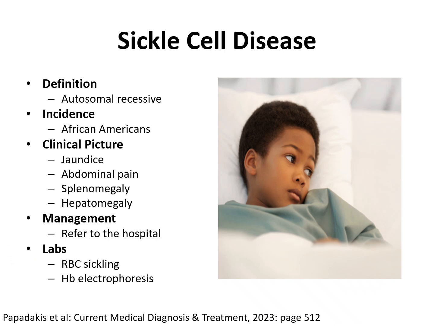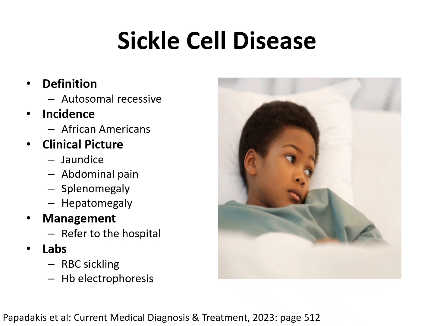The hospital would then confirm the presence of red blood cell sickling in low oxygen situations. And then the gold standard is to do hemoglobin electrophoresis, which will identify the abnormal hemoglobin S that is characteristic of sickle cell disease. They will then treat the pain and correct the triggers.